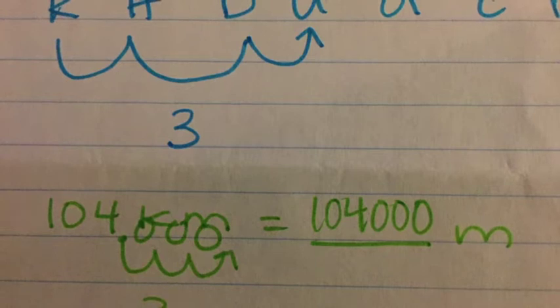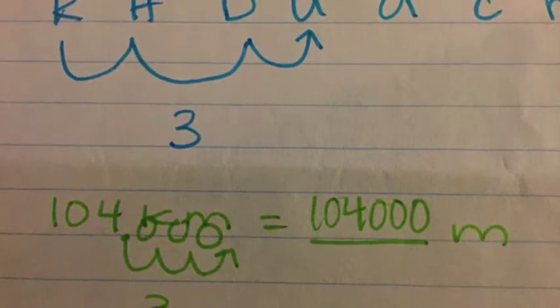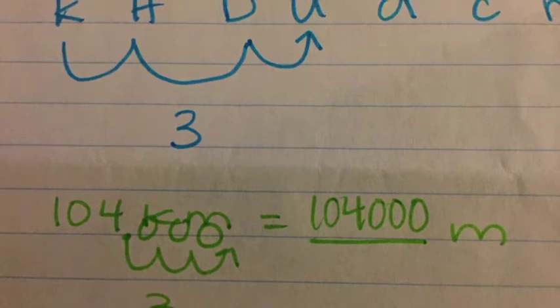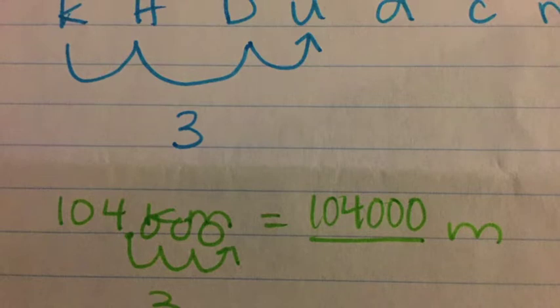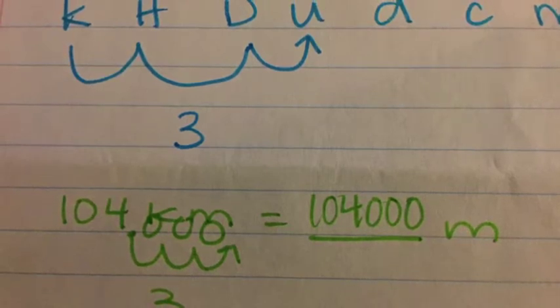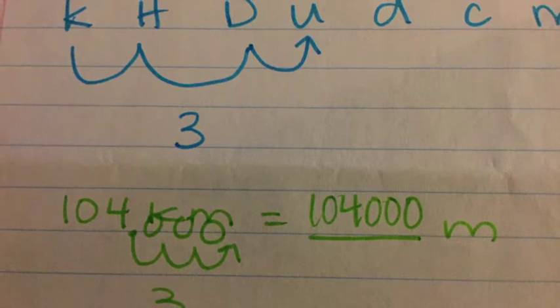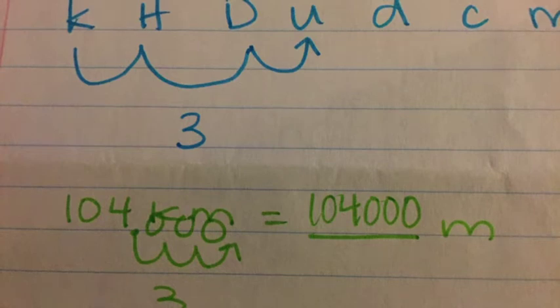So we're going to take our decimal place and move it 3 spaces to the right. Now, if we're moving our decimal place over and there are empty spaces, we've got to add in extra zeros here. So in this case, we have a 104, and then now we're adding 3 extra spaces before our decimal point. So we end up with 104,000 meters.